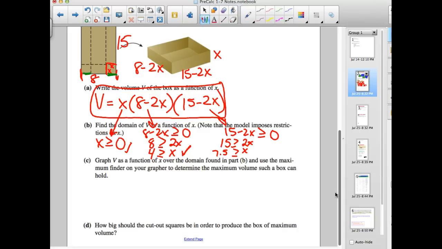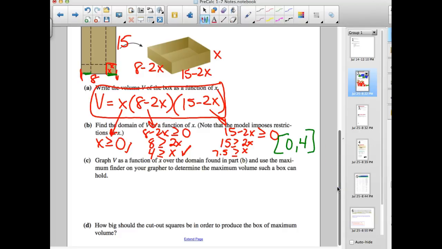No, wouldn't make sense. So could we cut off 4 from either end? That would be the max that we could take off, because then we're out of side. So our domain here is going to go from 0 to 4. And again, some books would argue that these would be rounded brackets because you can't actually have it all disappear.